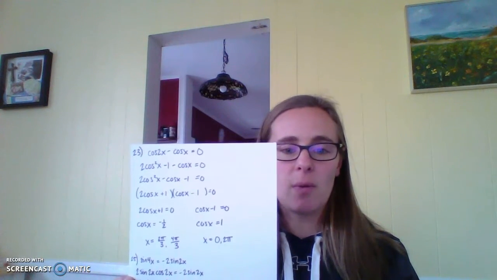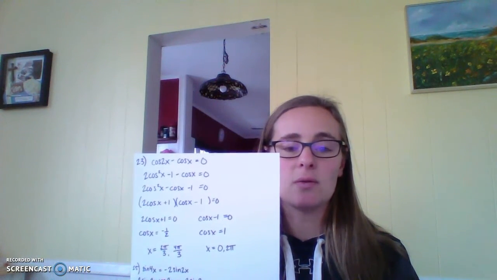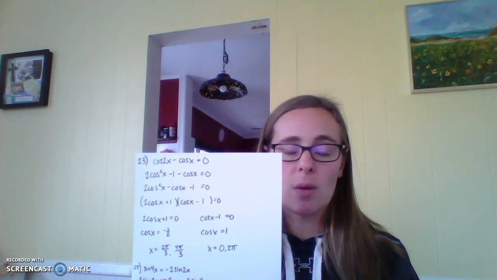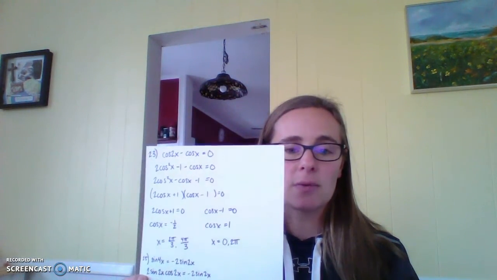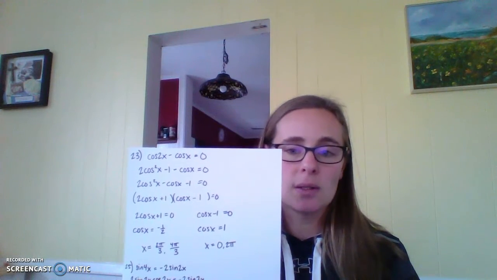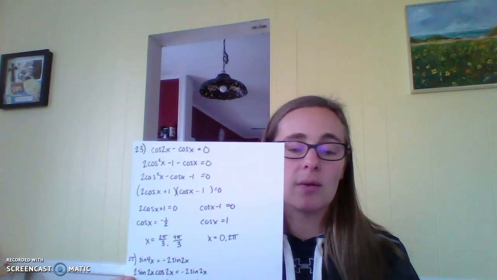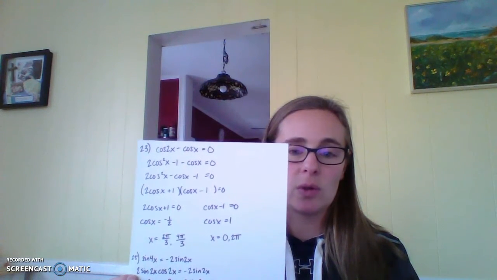So number 25, we have sine of 4x is equal to negative 2 sine of 2x. We are going to go ahead and use our double angle identity on the first side with sine of 4x, recognizing that sine of 4x is the same thing as sine of 2 times 2x. So we pull out 2 sine of 2x cosine 2x is equal to negative 2 sine 2x.